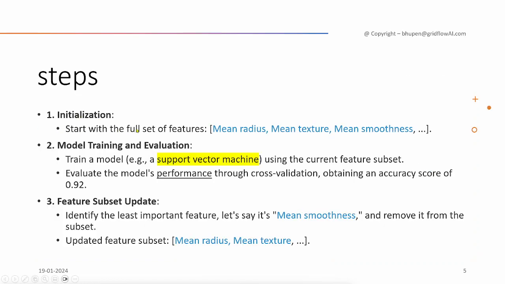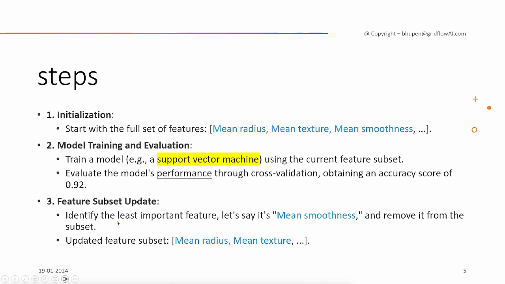So we're going to initialize first with all the columns and train the model. Let's say we are using support vector machine on the current data set, that means all of the columns, and evaluate the model performance. For example, let's say we got an accuracy of 0.92.